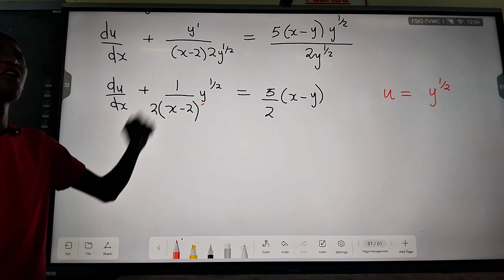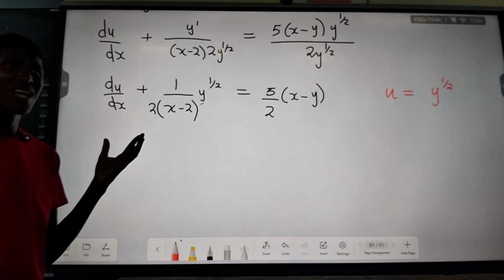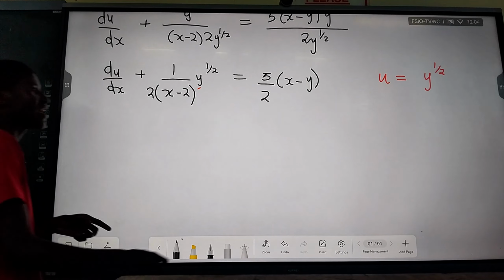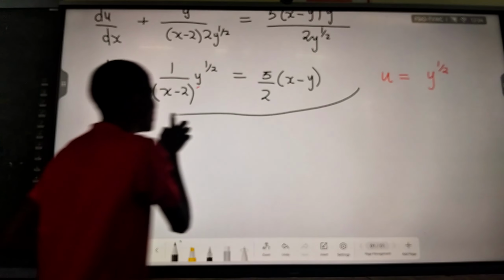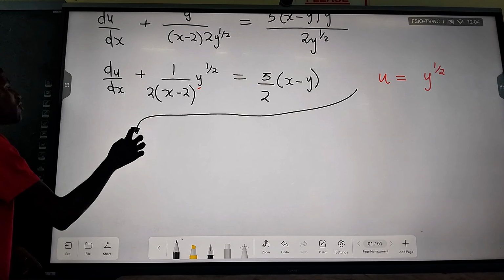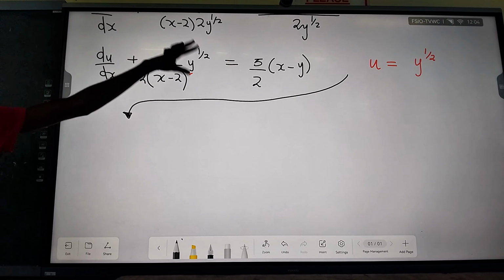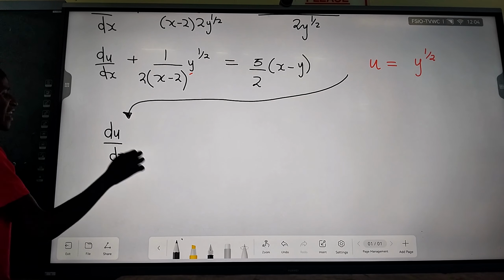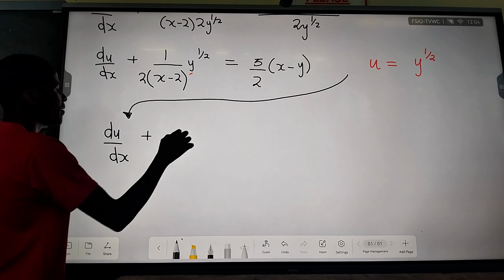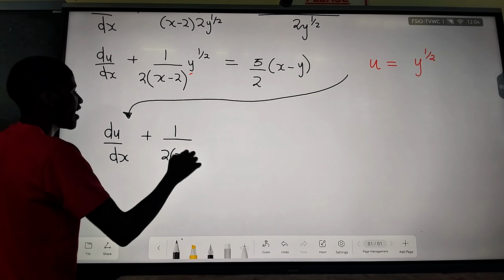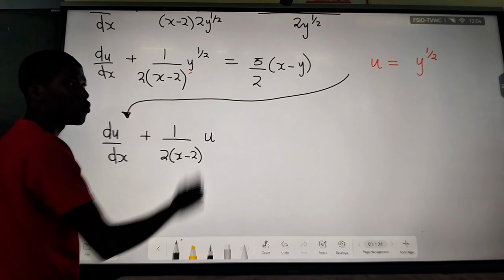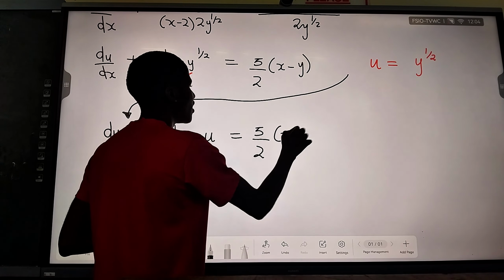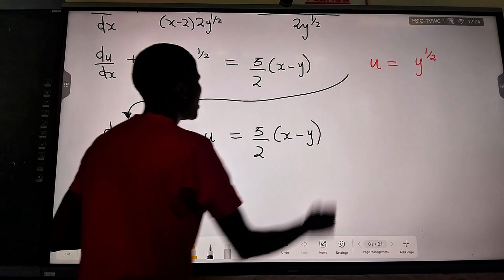So wherever I have y to the power half, I can just put u, so that my differential equation is completely in terms of u. So this is du/dx plus 1 over 2 into x minus 2 times u, which gives 5 over 2 into x minus 2.